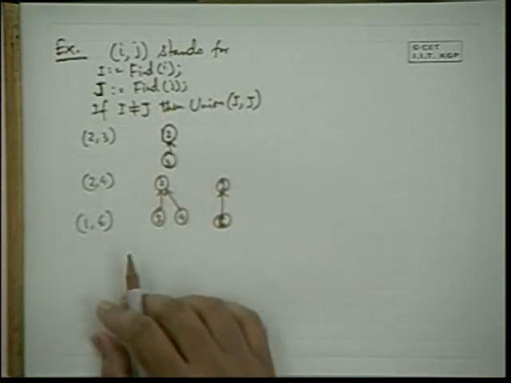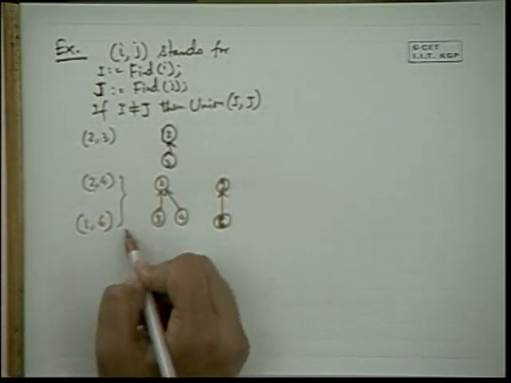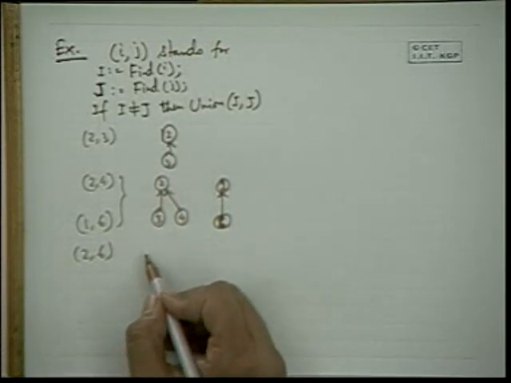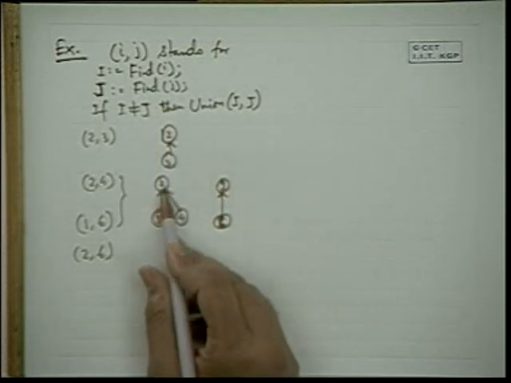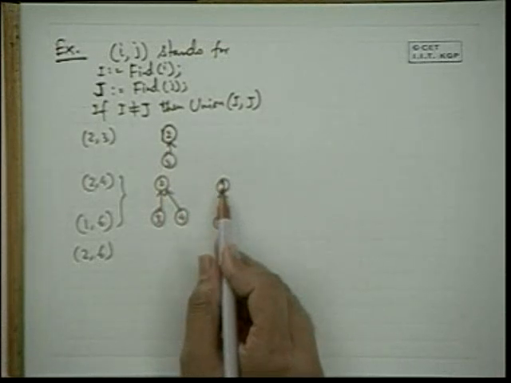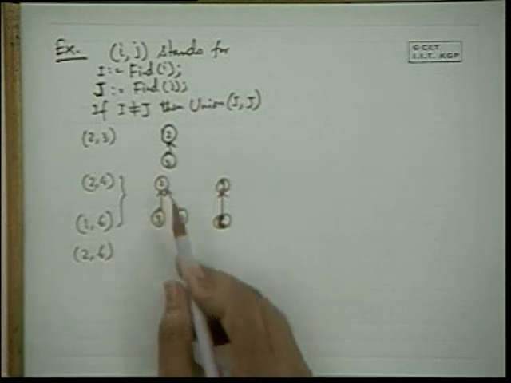So far so good. Now suppose comes 2, 6. For 2, 6, it will first see 2 by itself, and 6 goes to 1.